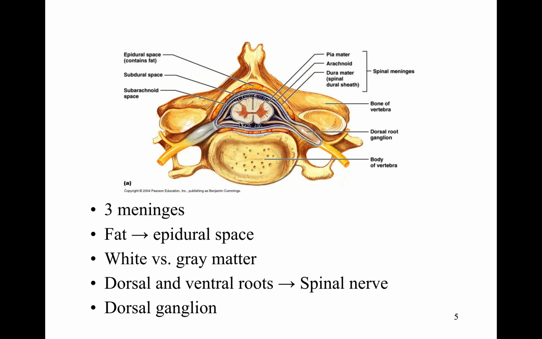Motor output is then going to leave the spinal cord via the ventral root of the spinal nerve and head towards effector organs. So the dorsal root contains sensory or afferent pathways. The ventral root contains motor or efferent pathways.